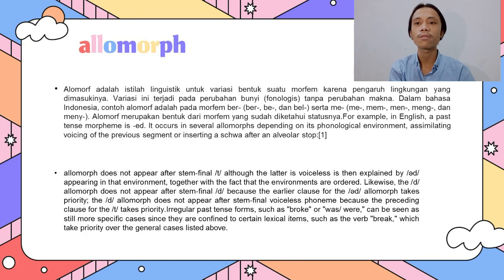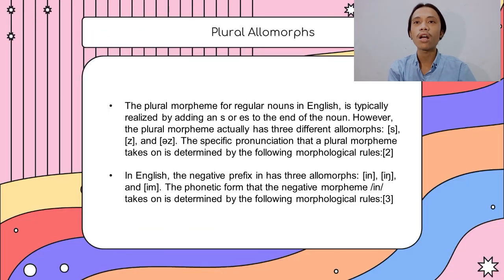Irregular past tense forms such as broke or was, were, can be seen as still more specific cases since they are confined to certain lexical items, such as the verb break, which take priority over the general cases listed above. Plural allomorph.